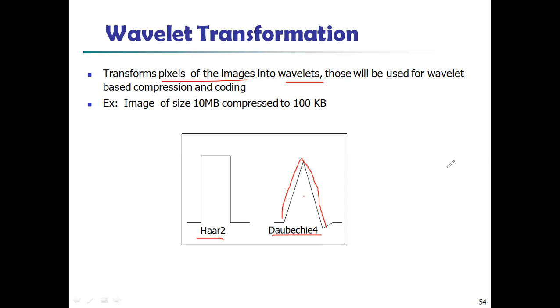Because of these reasons, whenever you save these pictures into your memory, automatically those pictures are compressed. Then only after that the data is saved into your computer memory, isn't it? So for such kind of things, we use wavelet transformations. If you have an image of 100 MB, that would be compressed to 10 KB only.